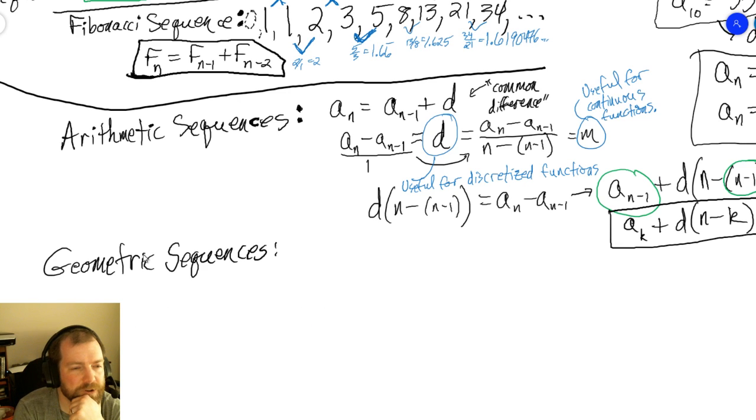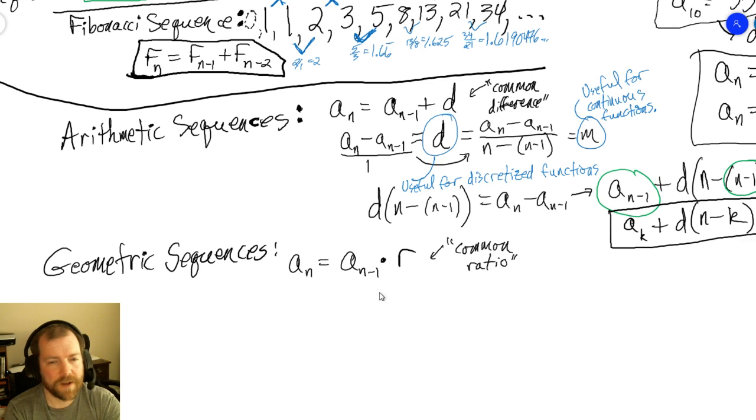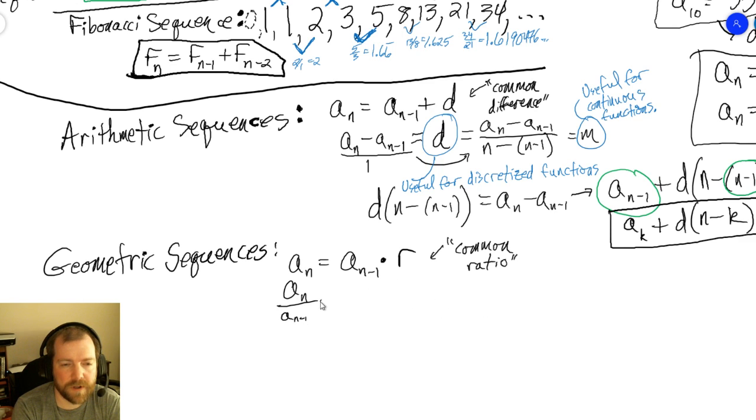I did the same thing for geometric sequences for my students, and I said, all right, a sub n is going to be a sub n minus 1 times a particular common ratio. So a sub n over a sub n minus 1 is going to be equal to a constant r value.